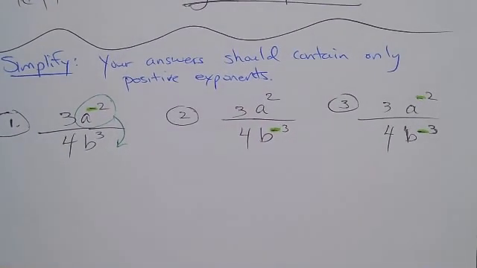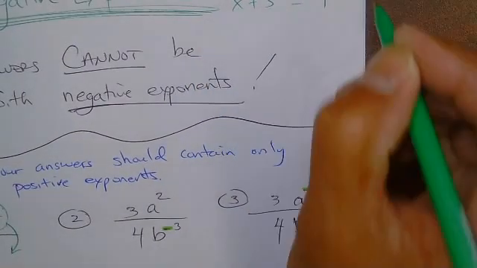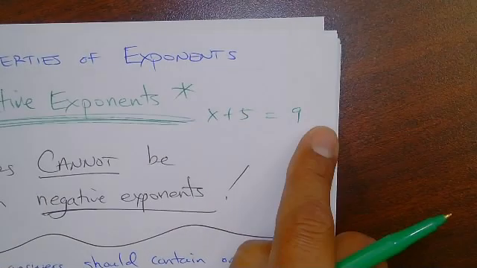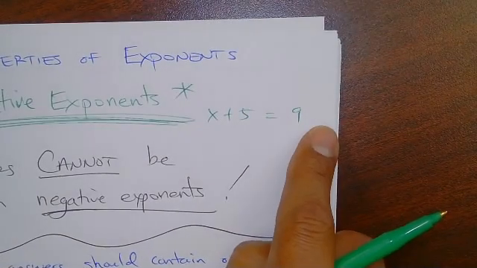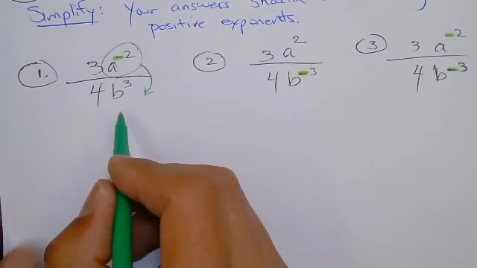To the denominator. And once you move it, it turns positive. Yeah? It's like when you have an equation, right? It's like when I have an equation, x plus 5 equals 9. What happens when I move this positive to the other side? Doesn't it turn negative? It's kind of like that same kind of thought process there.